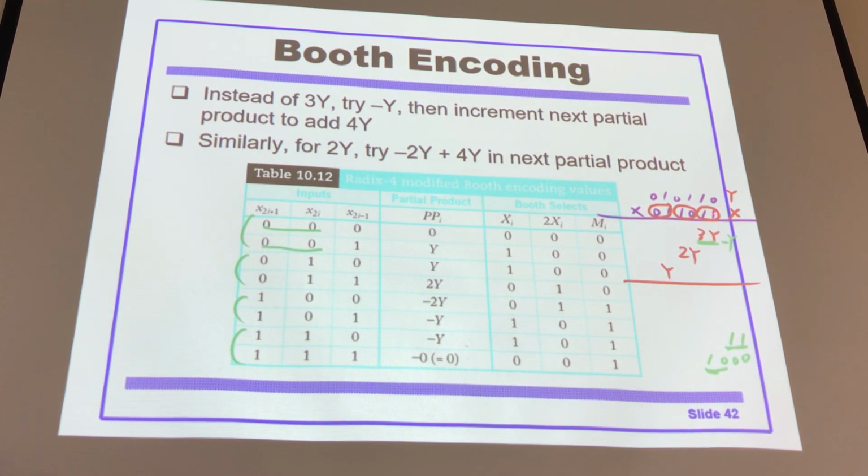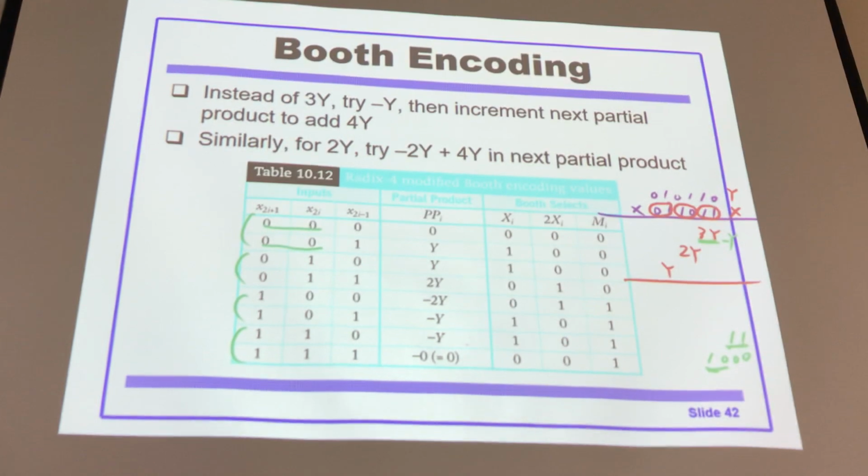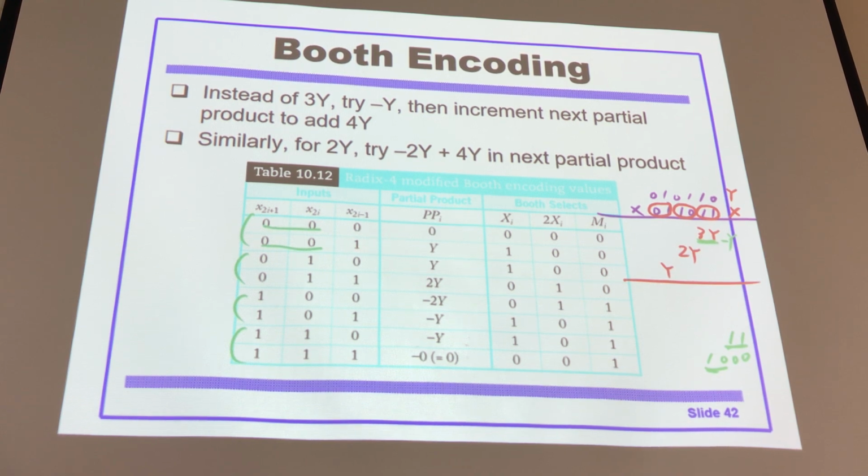But if these 2 bits are 0 0, the partial product should be 0. But this shows that if the bit position on your right hand side is 2i minus 1, 2i plus 1. This bit 0, just 0. Minus in this 1, meaning you owe 1y.